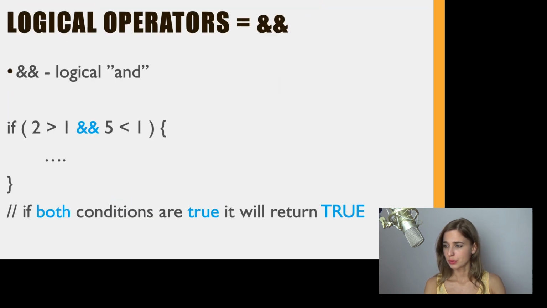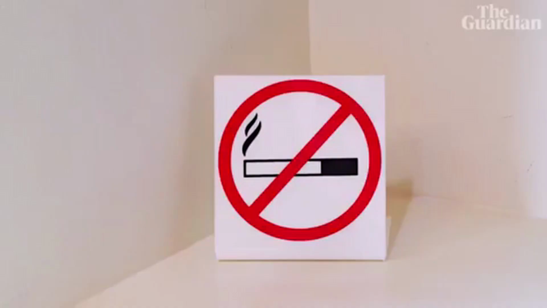So before we go on, in a real world scenario, if you want to go and buy cigarettes in the shop, you have to be over 18, and you have to have money. So both conditions have to be met if you want to go to the shop and buy a cigarette. Better not, it's best not to smoke.